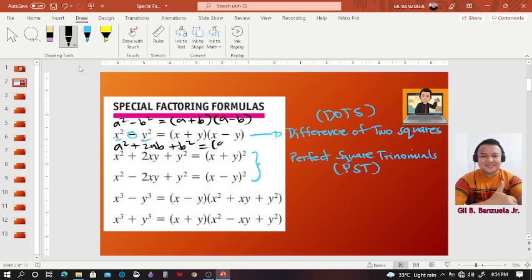And the answer is a plus b then square. So, actually, itong dalawang to, nagbabago lang yung sign sa gitna, no? So, kung minus yung nasa gitna o yung second term, automatic subtraction din or minus din yung in between a and b natin. So, mamaya ipapakita ko sa inyo kung paano yan ginagawa in action.